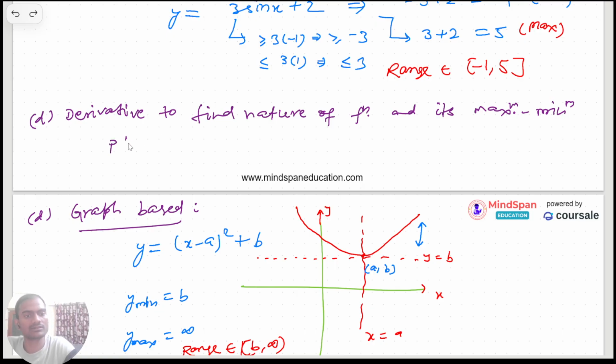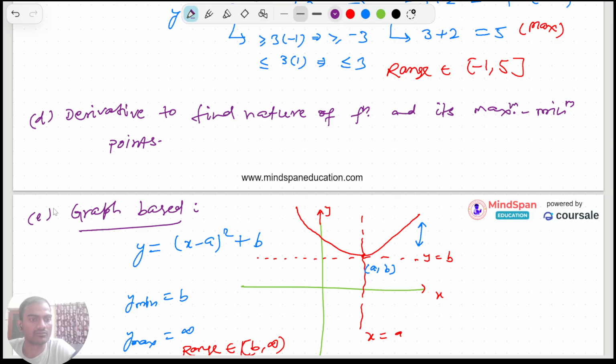Using pure calculus, we can write it like this, and this point will become option E.